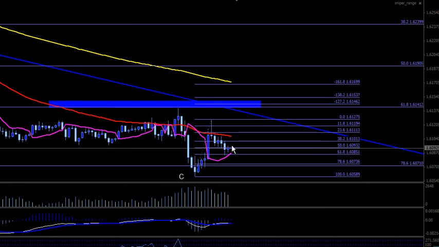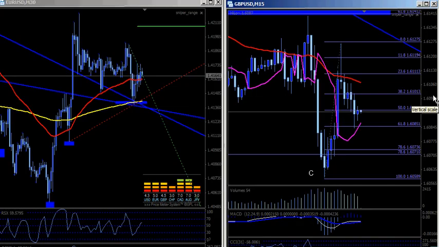I could enter the trade long, and if price closes a 15-minute below the 61.8, then I would exit the trade. I would know I'm wrong. So very small risk to reward ratio on that possibility. So I'll keep my eye on that. That's a very good possibility.